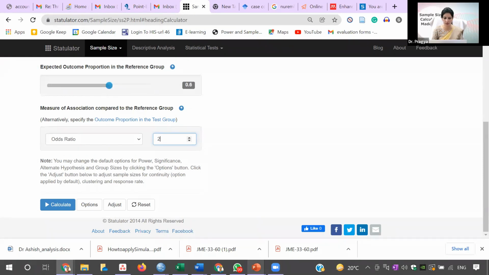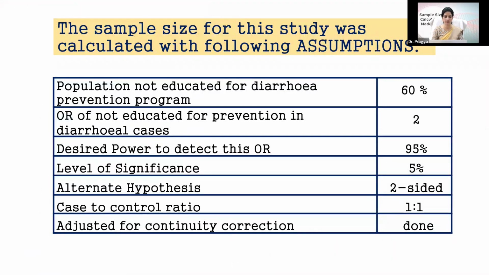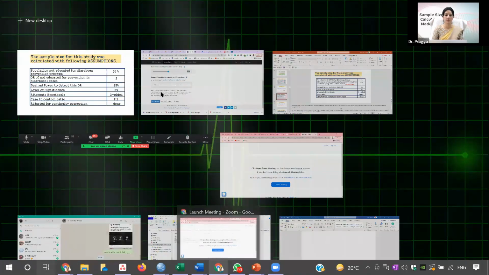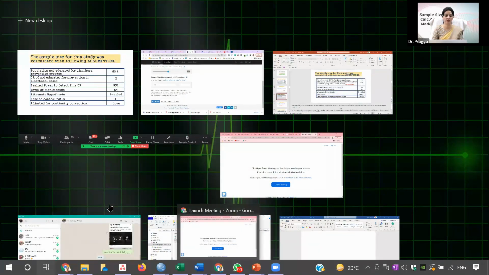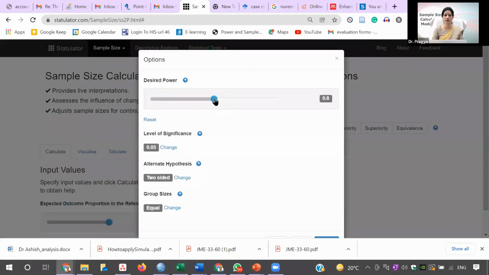Let me check it once. Yes, it was 60% and 2 odds ratio. So it is 0.60, 2 odds ratio. And then again, I have to increase the power to 95. Maybe 80% you can also do, but that investigator did it with 95. So I've increased the power to 0.95.